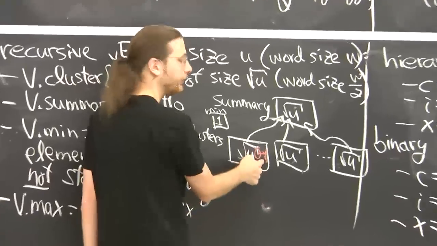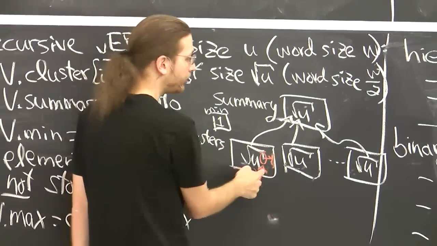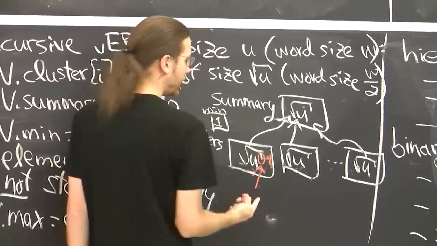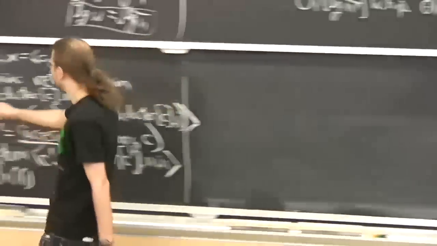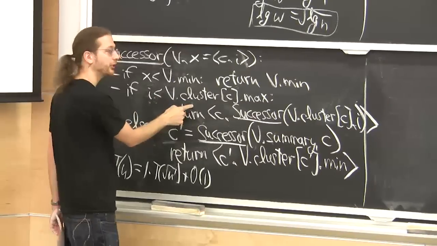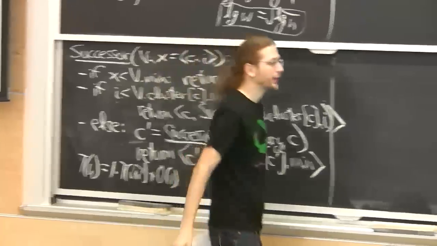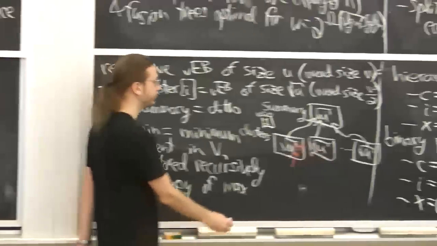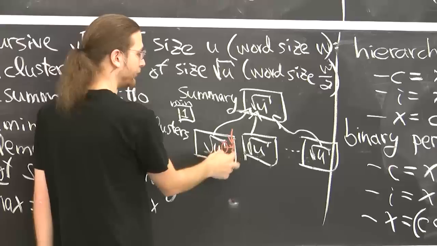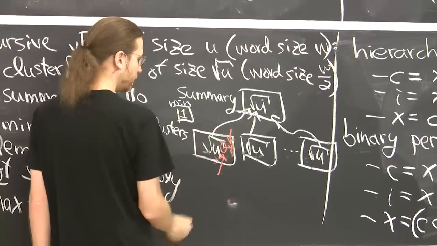Okay, then I want to recurse in here. Or it could be it's in some future cluster. So in that case, okay, well, let's do the first case. If basically we are less than the max of our own cluster, that means the answer is in there. Right? Figure out what the max is in this structure, the rightmost item in S that's inside this cluster C. This is C.